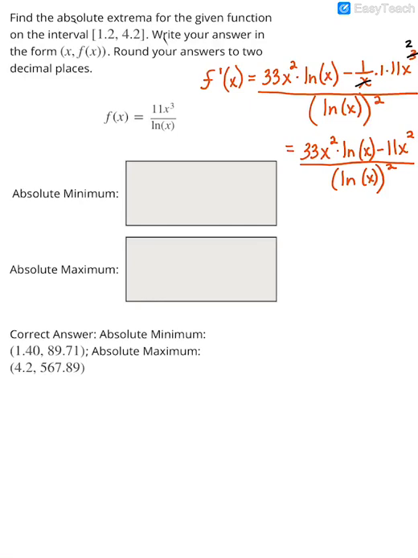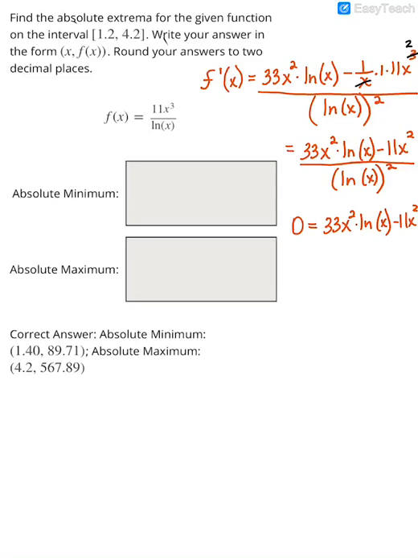Okay, so if I set that derivative equal to 0 so that I can try to solve it, the only way a fraction is going to equal 0 is if the top is equal to 0. So I'll set 33x squared times the natural log of x minus 11x squared equal to 0.